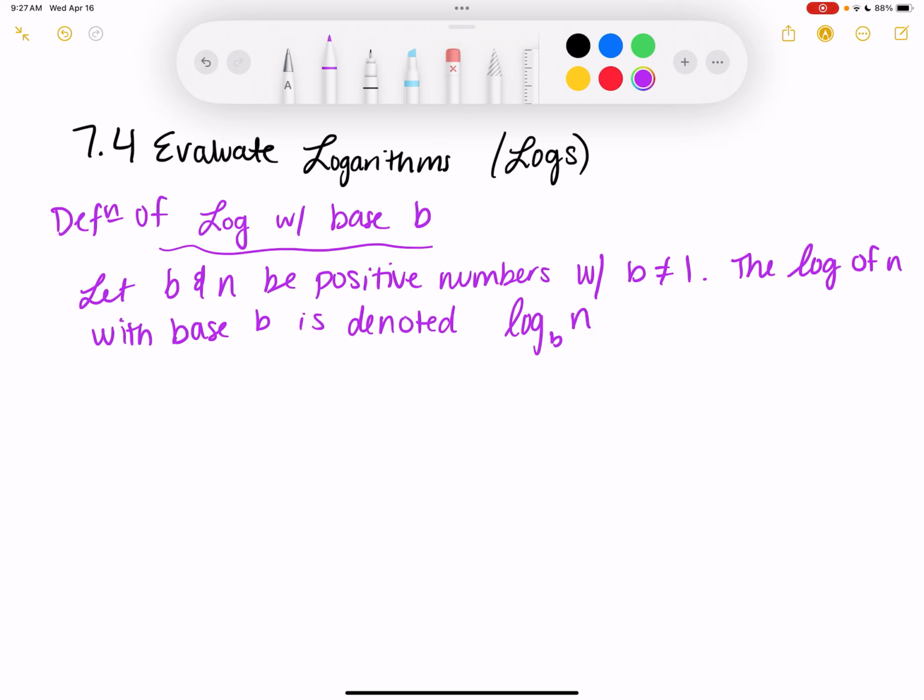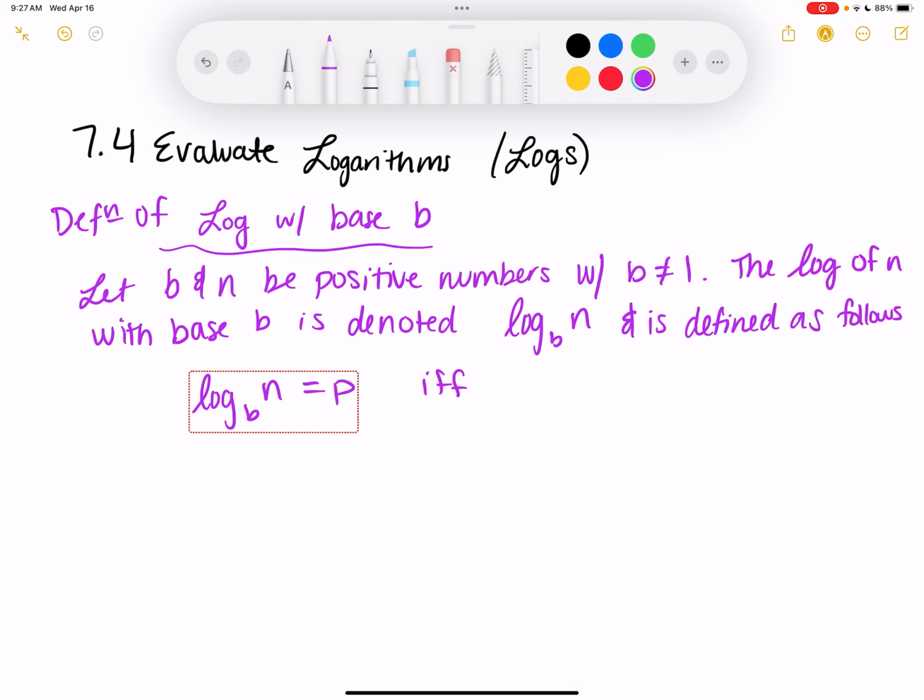So this would be said log base b of n, and is defined as follows. Log base b of n is equal to p if and only if, so remember the IFF is if and only if, or if you remember from geometry, you probably had that symbol, b raised to the p is equal to n.